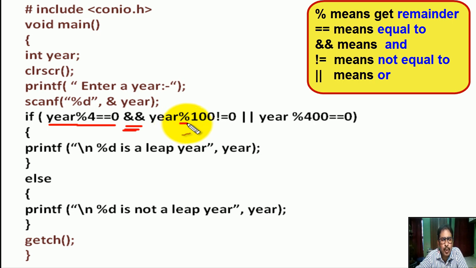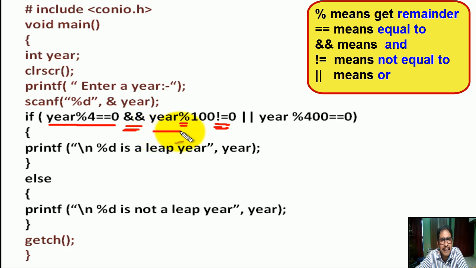This is the modulus operator to get remainder in integer division. This symbol is not equal to, relational operator, meaning not equal to.